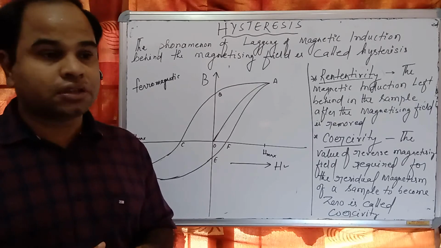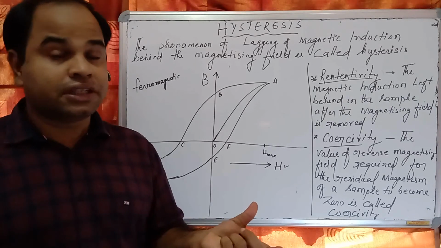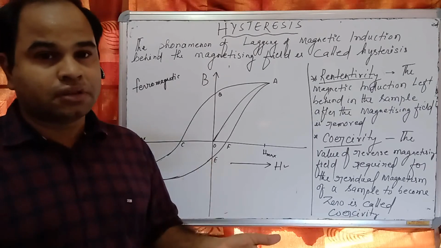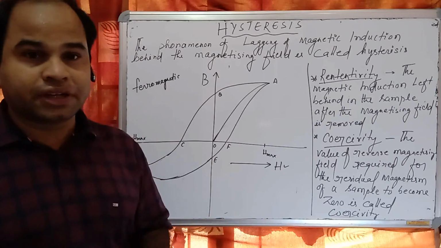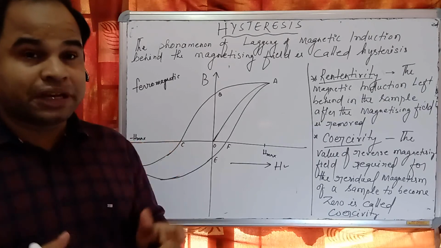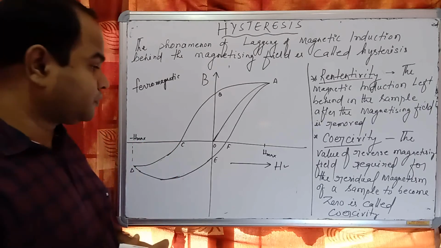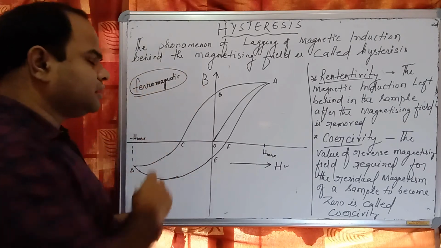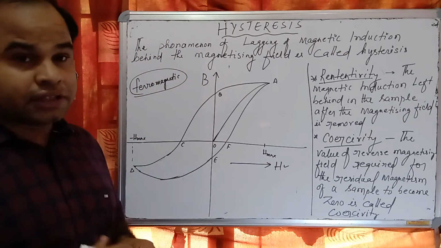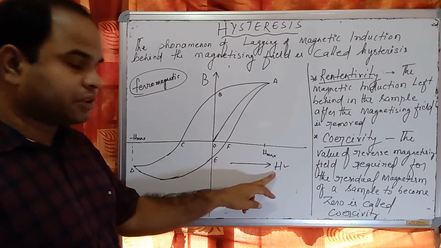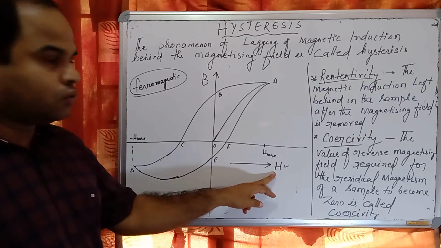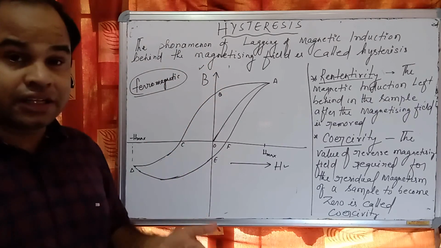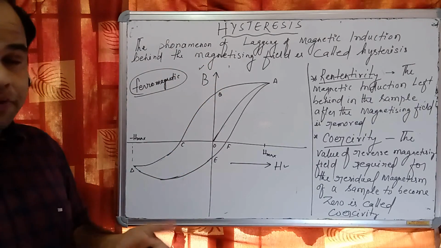That is the intensity of magnetization, and due to this poles appear, and those poles have their own magnetic field, that is magnetic induction. So let us consider a ferromagnetic substance and place it in an external magnetic field having intensity H. So this is H and this is the magnetic induction B inside this ferromagnetic substance.